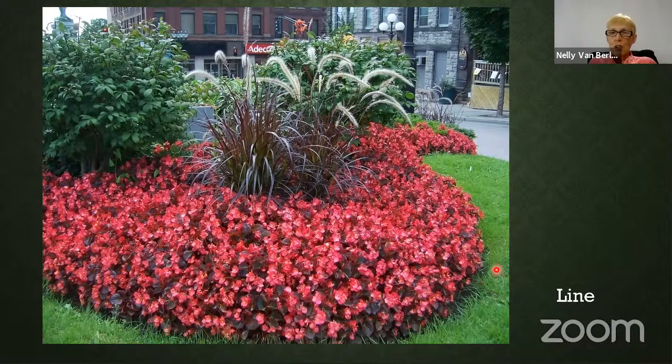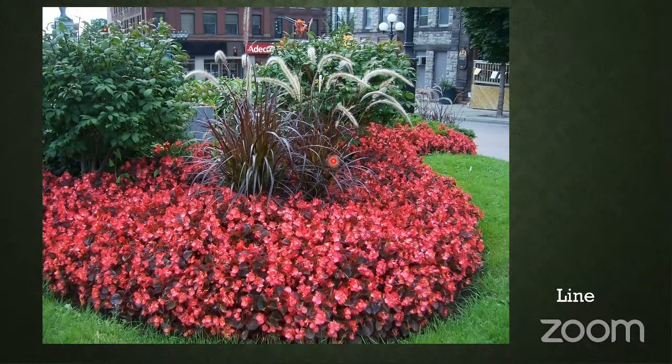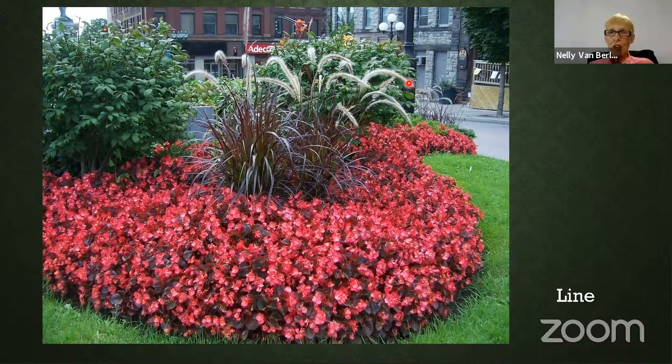But you also get the curving lines reflected, the same curving lines you have in the bed reflected in the arching blades of the grass and the arching fronds from the grass. You also have upright lines when you think about the structures and the lampposts and the trees. So line is always present in your landscape, but sometimes you have to work with it to make it a feature.